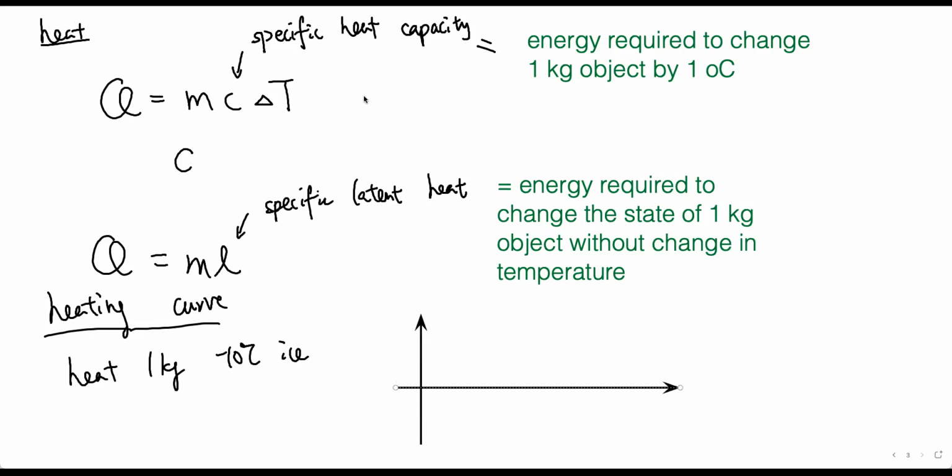So the ice will first increase its temperature until 0 degrees Celsius. And then the ice will start to melt. After all the ice melts, it becomes 0 degrees Celsius water. And if we keep heating, the temperature increases. So the graph will look like this.